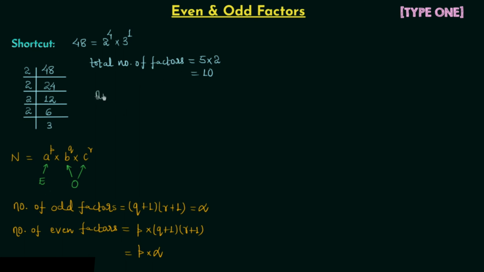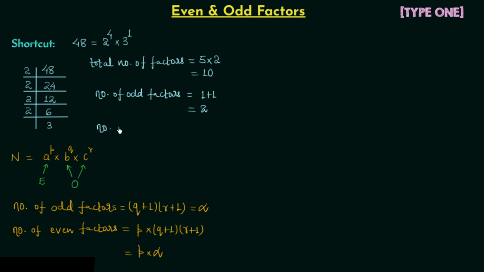Moving on to the number of odd factors. When you observe the obtained prime factors, you will find this is even and this is odd. So we only consider the power of the odd factor. So we have 1 and we add 1 to it. So 2 is our answer. The number of odd factors of 48 is equal to 2.